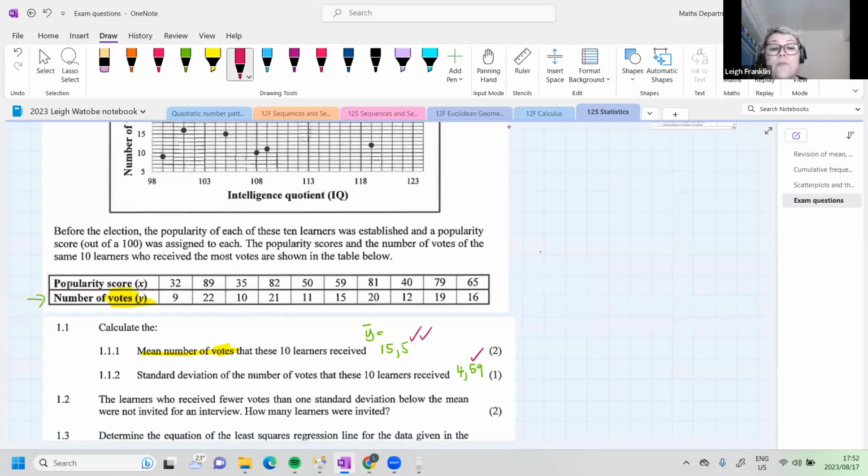All right. So that means that we have to say 15,5 minus 4,59. So when we've got 15.5 and we minus 4.59, you get 10,91. Okay, you guys are right. It is 8. I'm wrong. So that means that this person over here will not be interviewed because they only got 9 votes.